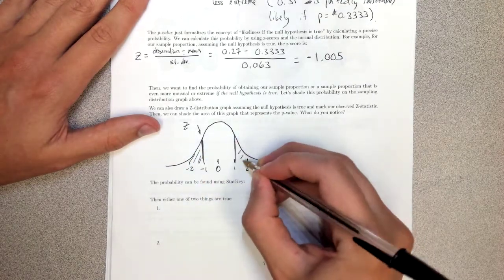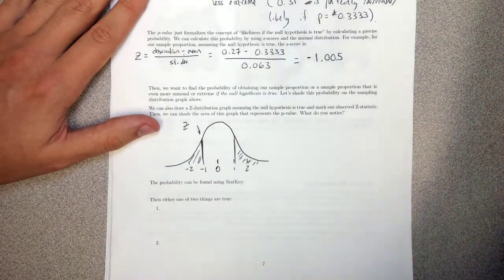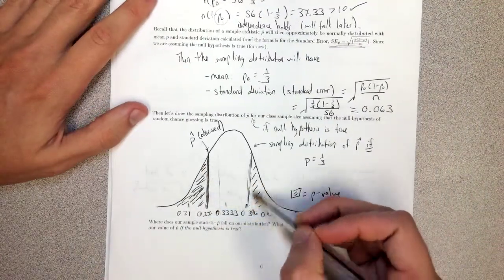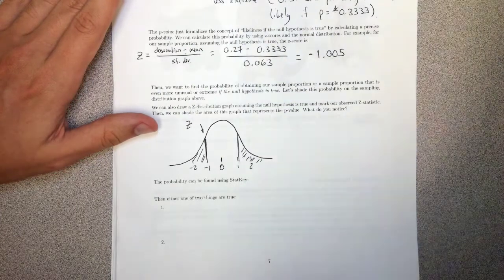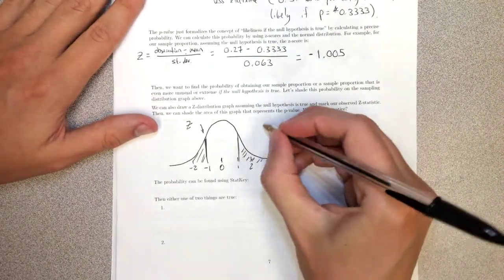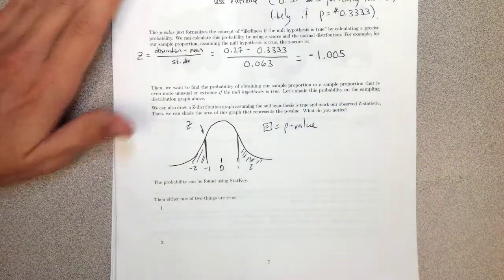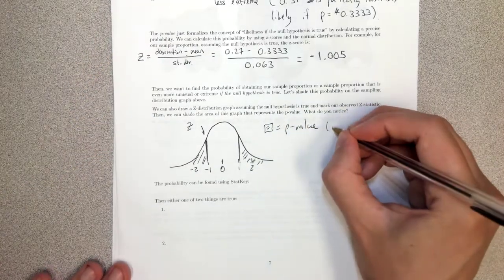And so on our z-distribution, we're again going to shade the tails. If you drew it right, it should match up exactly with the picture on page 6. And so this shaded area is going to be our p-value.